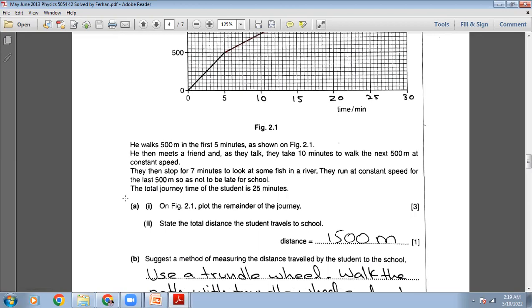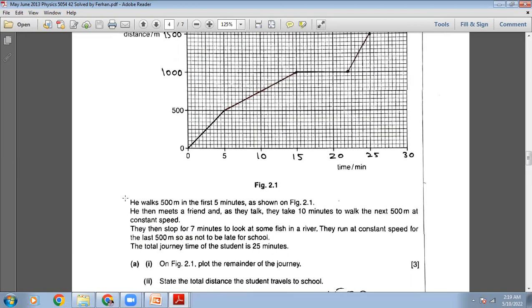Then they stop for 7 minutes to look at some fish in a river. So this is 7 minutes. They have stopped there to see a fish.